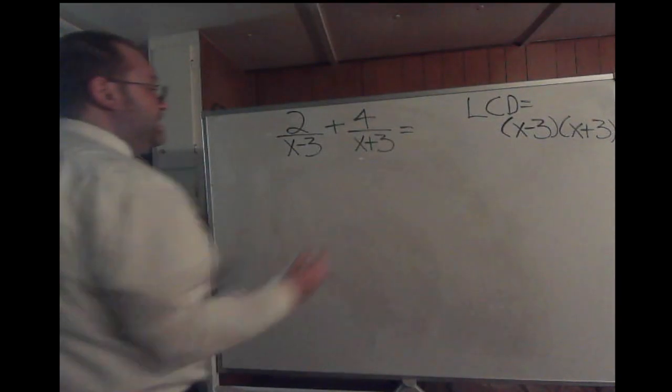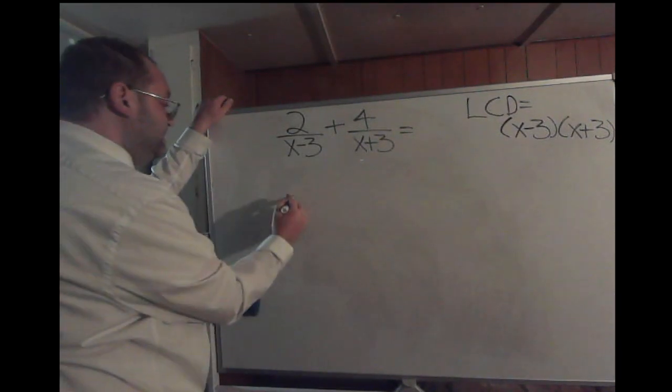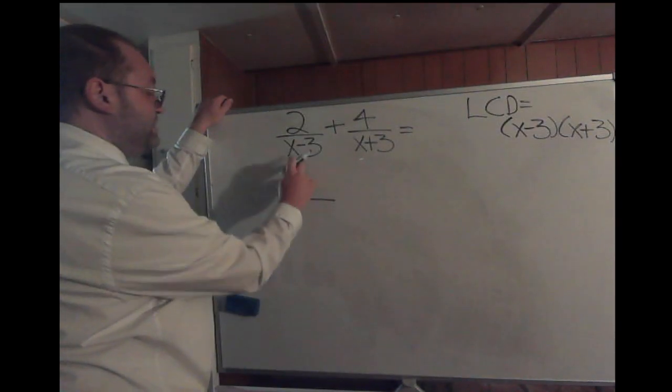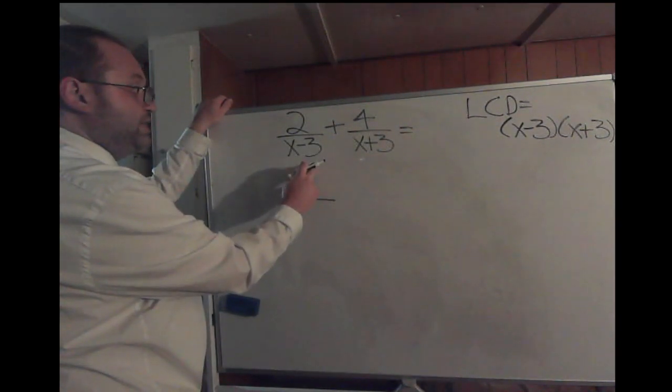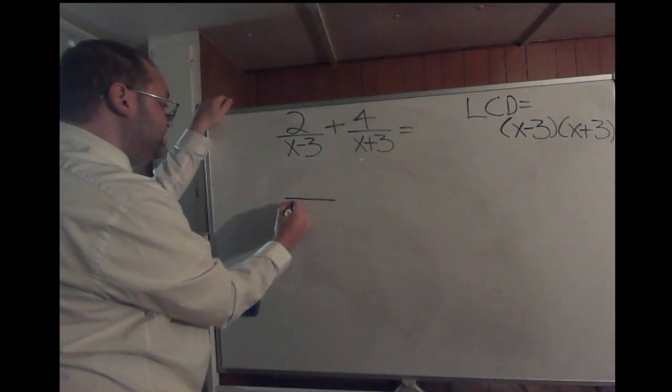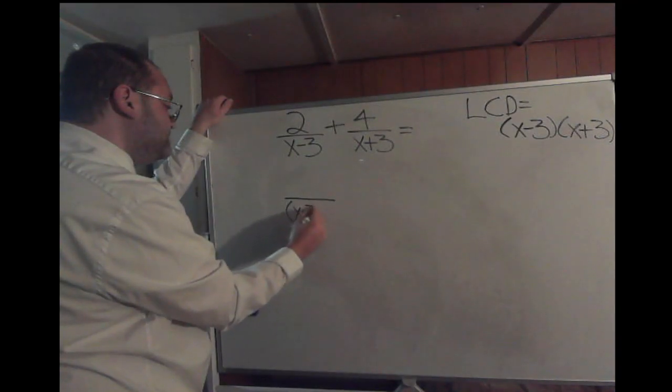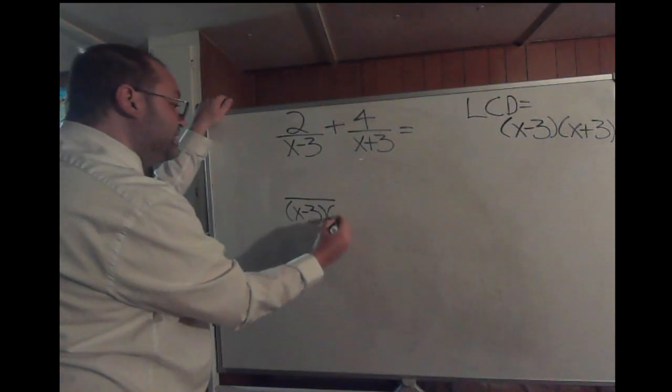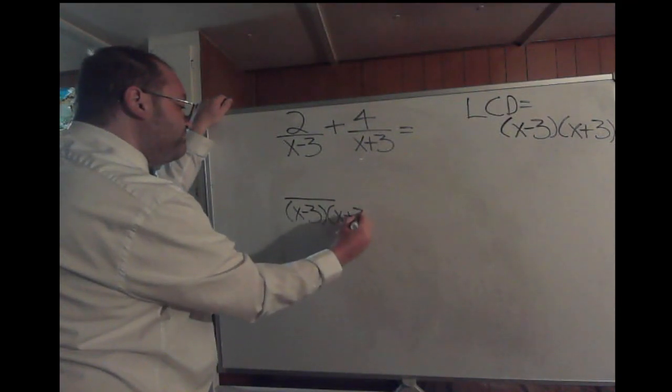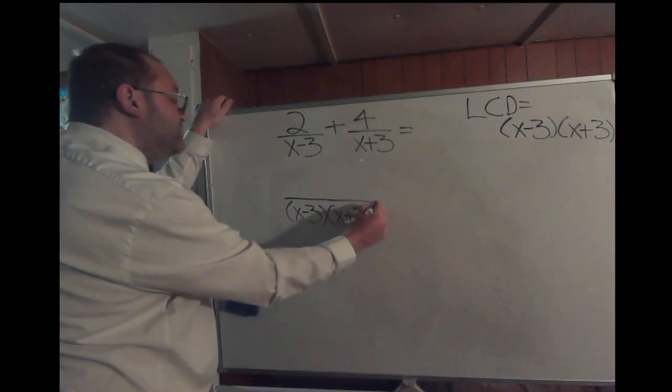So, in order to turn the denominator of x minus 3 into x minus 3 times x plus 3, we got to take that denominator of x minus 3 and multiply it times x plus 3. But we also got to do that to the numerator.